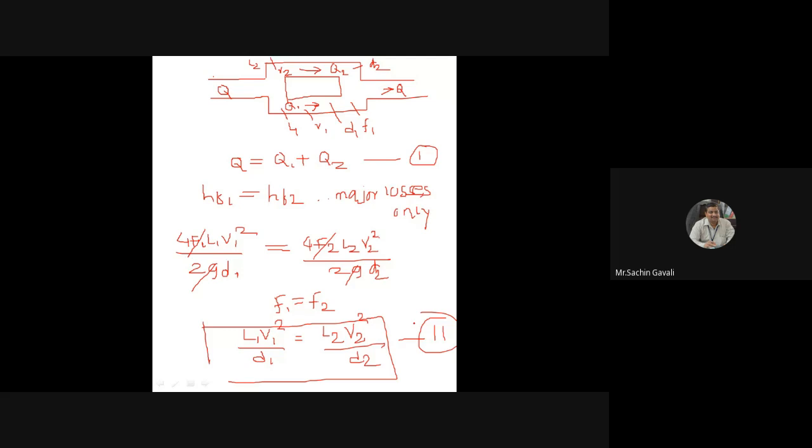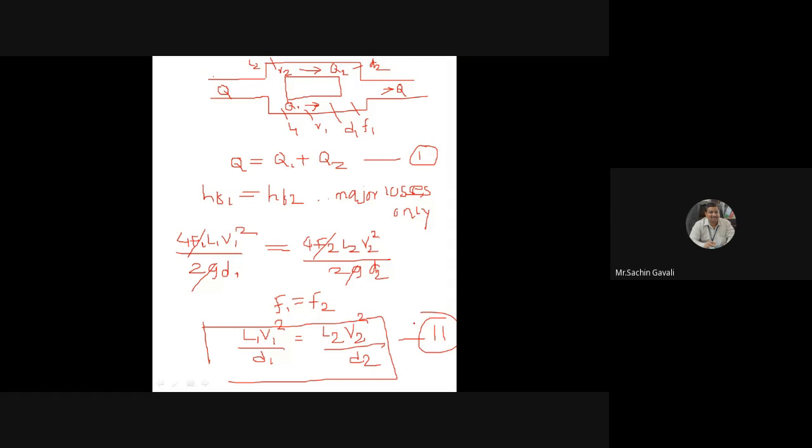Understood? Please write, and then complete the write up also. So these are the properties of parallel pipeline connection.